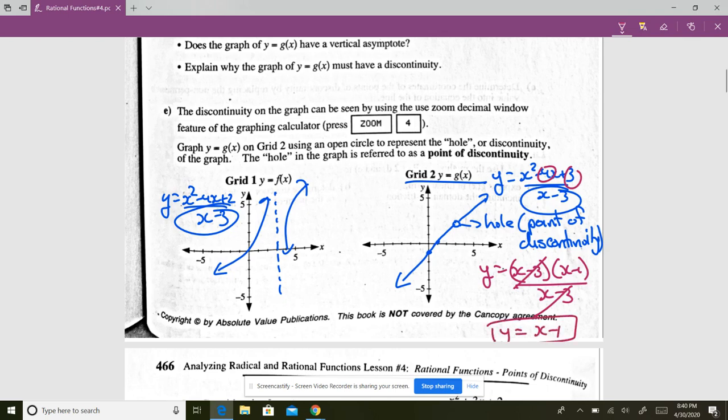And x minus 1, as you remember hopefully from math 10, is a straight line, has a y-intercept of negative 1 and a slope of 1, because there's a 1 in front of that x, up 1 over 1. Remember, this is a straight line of the form mx plus b. So when a factor cancels, x minus 3 in this case, you get a hole, an open circle in the graph. And that's what this whole lesson is about.